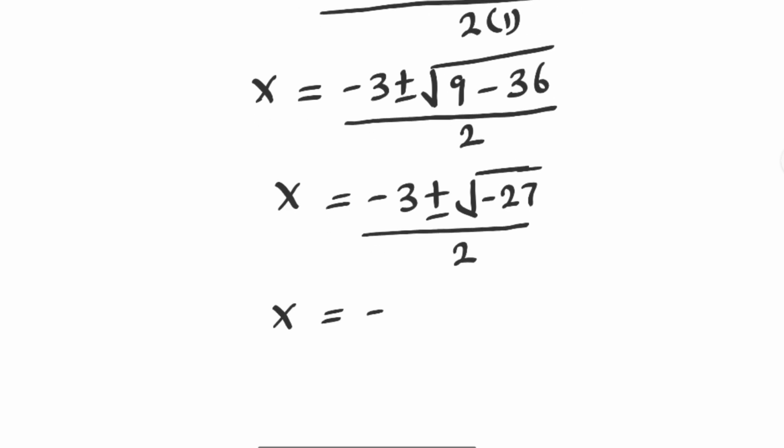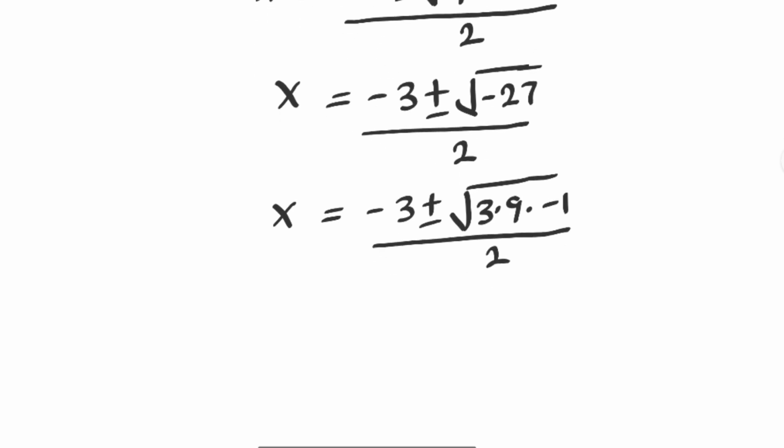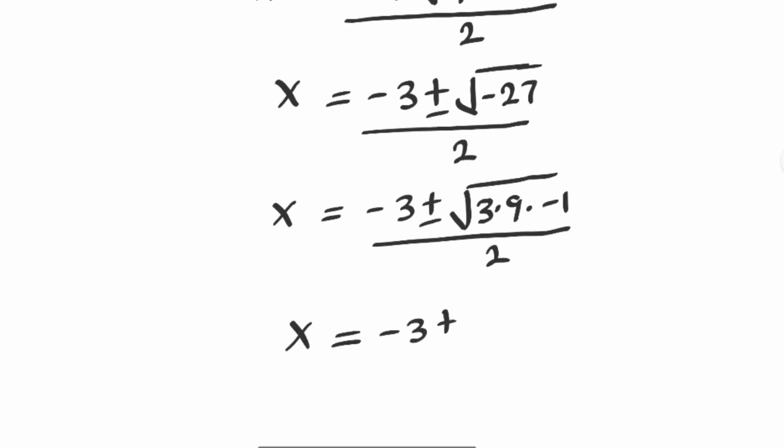S is equal to minus 3 plus or minus square root of minus 27 can be written as 3 multiplied by 9 multiplied by minus 1 over 2. S is equal to minus 3 plus or minus. Square root of 9 is 3. Square root of minus 1 is i.